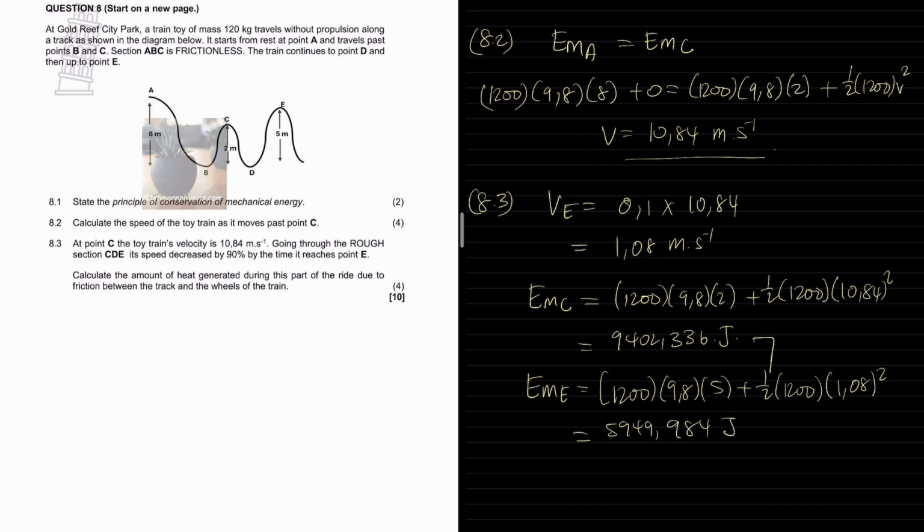So the difference here is the lost energy due to friction. So the energy due to friction is going to be the difference between these two. If you subtract it, you're going to get 3452.35 joules.